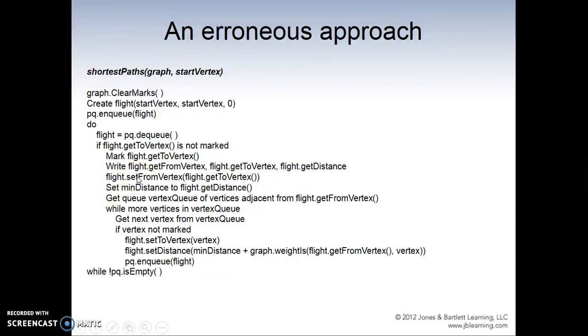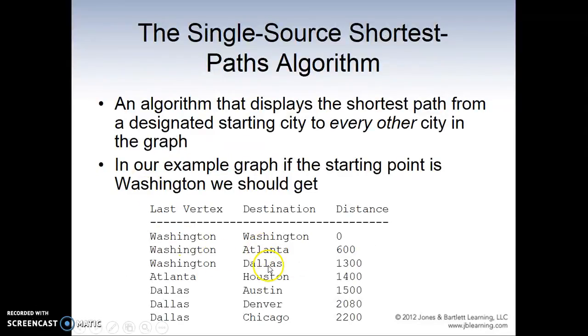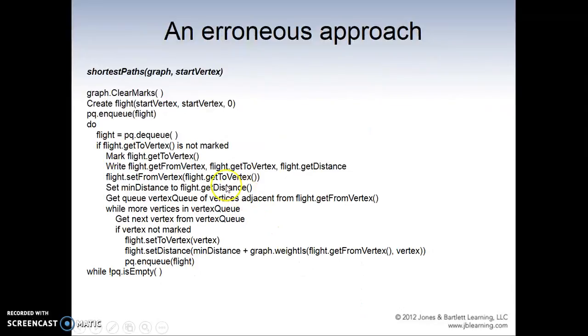So from Washington, we can get to the neighbors, which is Atlanta and Dallas. And then those are the new from vertex. Now set min distance to flight get distance. And NQ vertex Q of vertices adjacent from flight get from vertex. So we NQ the adjacents.